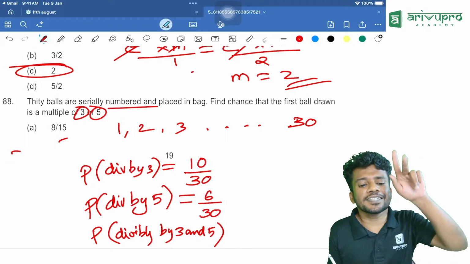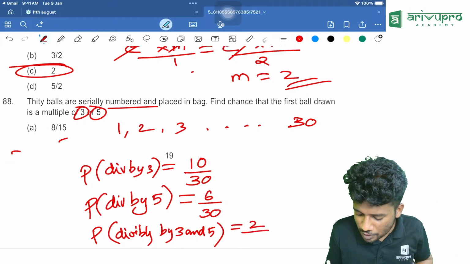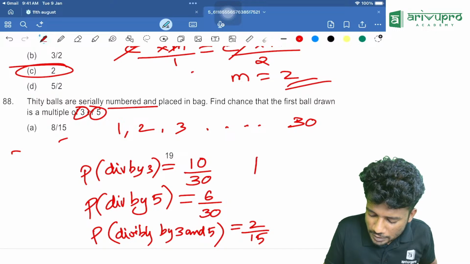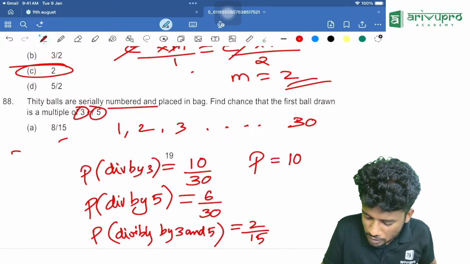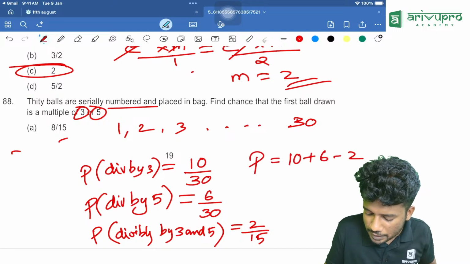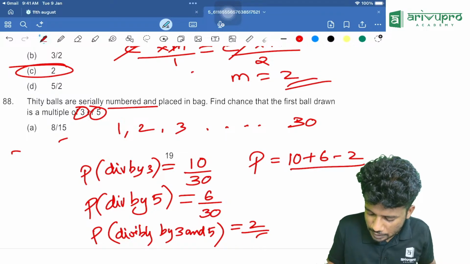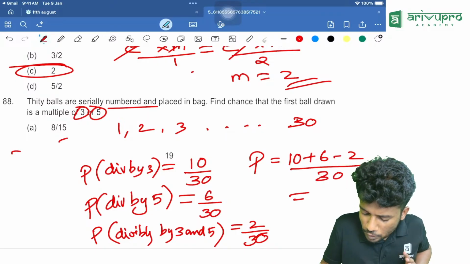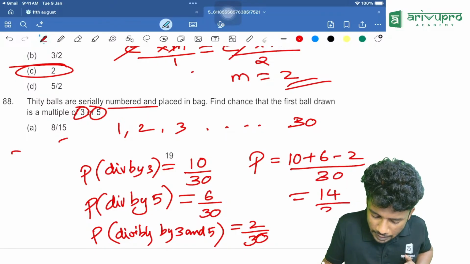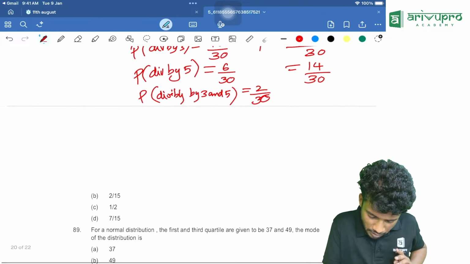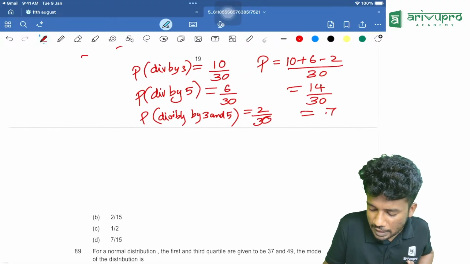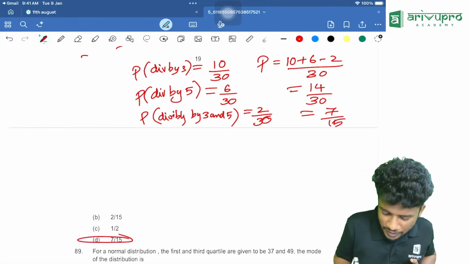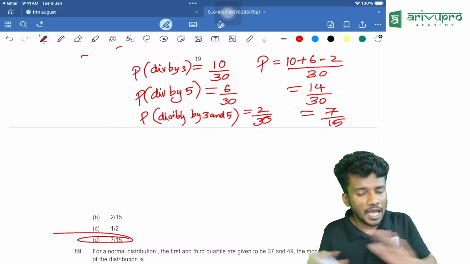How many numbers are there? 2 numbers. So that is 2 by 30. Now, P is equal to 10 plus 6 minus 2, the entire thing divided by 30, which is equal to 14 by 30. That will cancel and become 7 by 15. Option D is your answer.